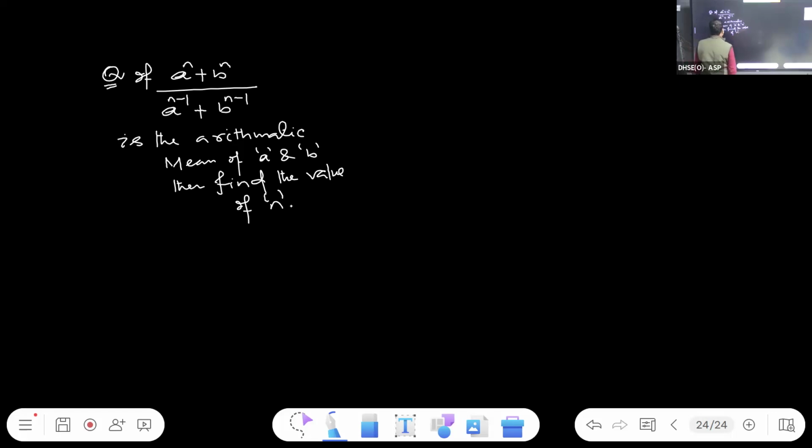If A to the power n plus B to the power n upon A power n minus 1 plus B power n minus 1 is the arithmetic mean of A and B, then find the value of n.